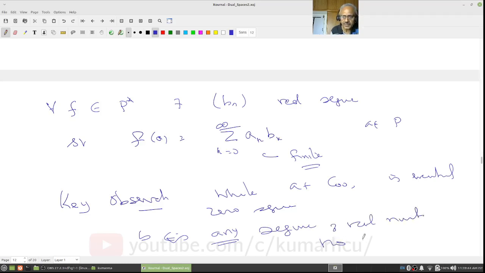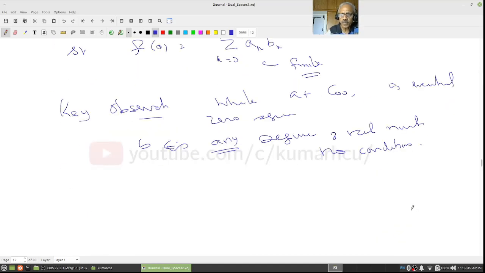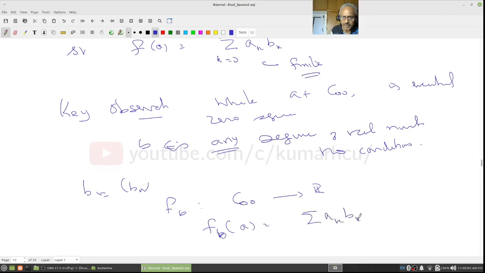No conditions. What do I mean by that? Take b equal to b_n, no condition. Then I define f_b from C00 to R by f_b of a equal to the summation of a_k b_k, k equal to 0 to infinity. But this is always a finite sum because a belongs to this. You follow that?